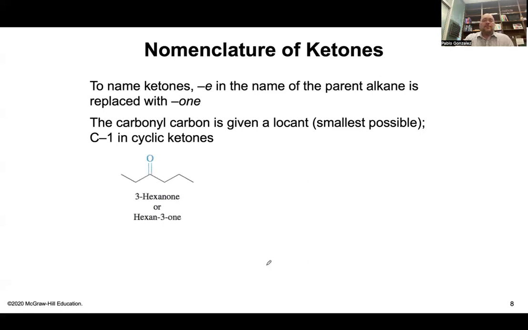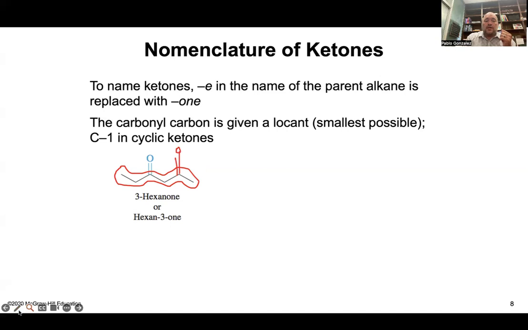So for example, here we have a chain that is this one in here. In that chain, we can have, for example, 1, 2, 3, 4, 5, 6 carbons. So it's hexane, basically. And we're going to change that E to one. So it's 3-hexanone, okay? 1, 2, 3, hexanone. Now, if the carbonyl group were here instead of there, that would be in position number 2, starting from this point, so that will be 2-hexanone.